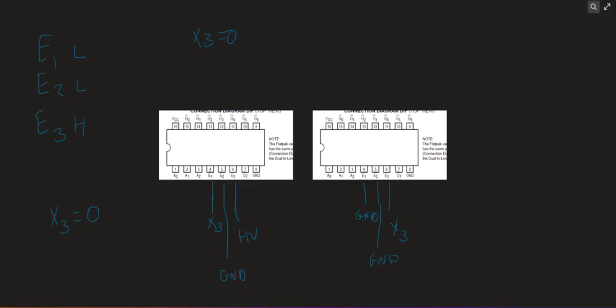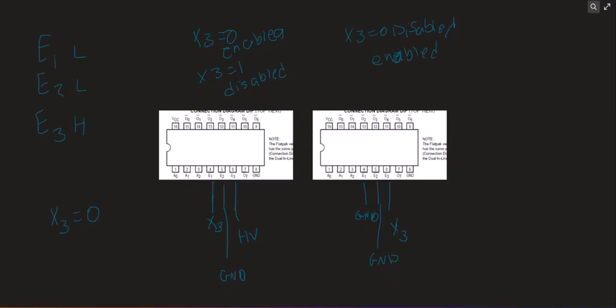And is the right one disabled? Yes. And if X3 is equal to 1, this one is disabled, and this one is enabled.